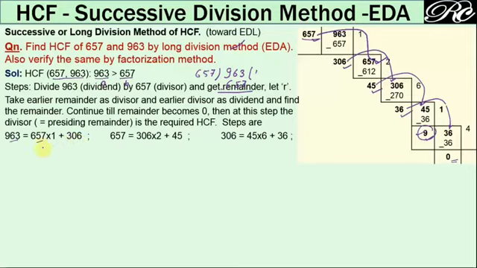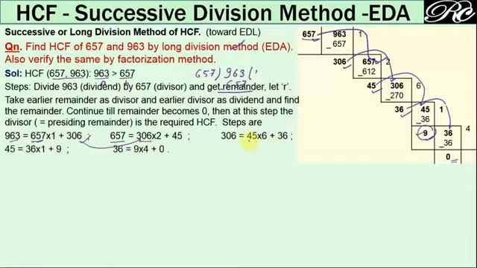Then taking 657, which was the earlier divisor, as new dividend and the earlier remainder as new divisor, we can write: 657 equals 306 into 2 plus 45. Again 306 will be new dividend and 45 will be new divisor. Then 306 equals 45 into 6 plus 36.